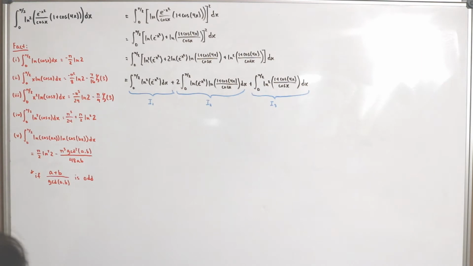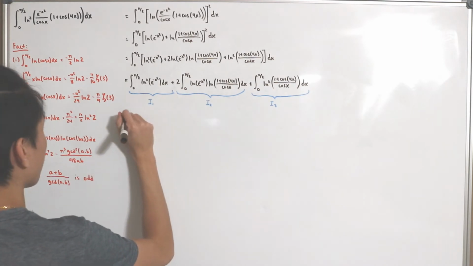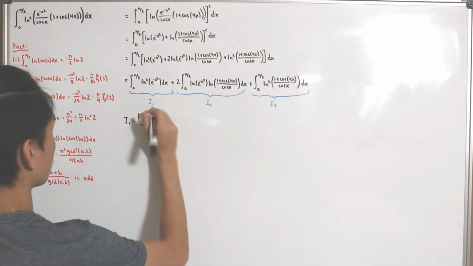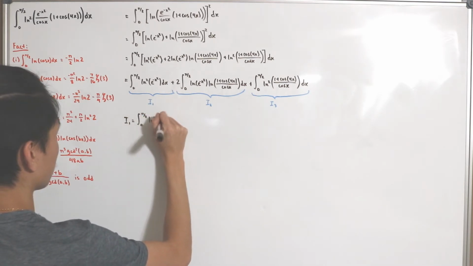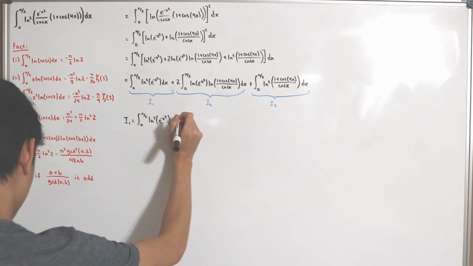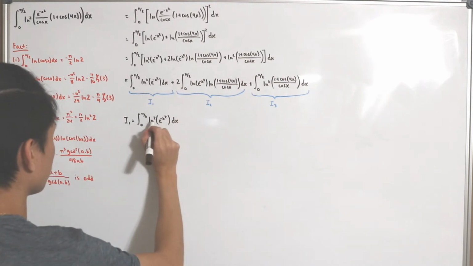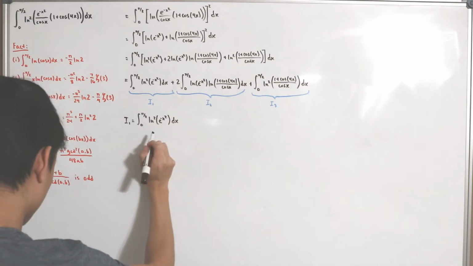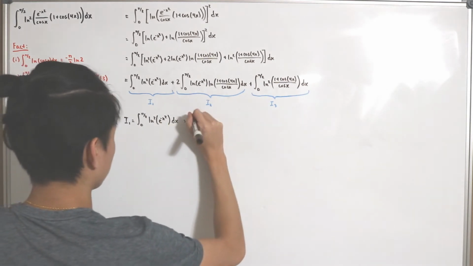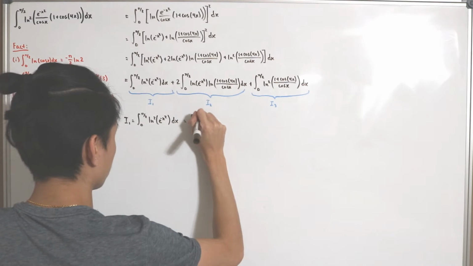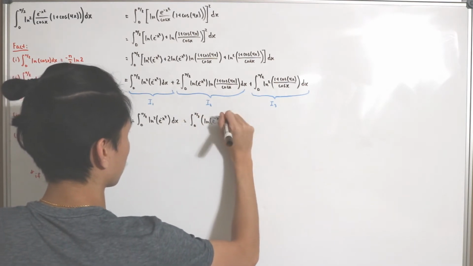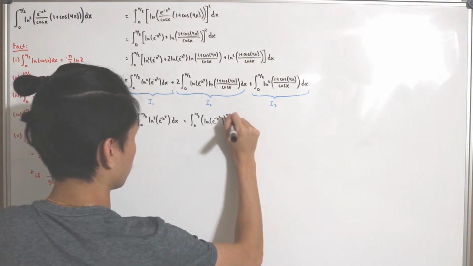Well, this should be pretty straightforward, so let me write out I sub 1 equal to the integral from 0 to pi over 2 of ln squared of e to the negative x squared dx. Okay. In other words, this is just the whole expression itself, then squared, and I'll just write it out for the sake of clarity: the ln of e to the negative x squared, then squared, dx.